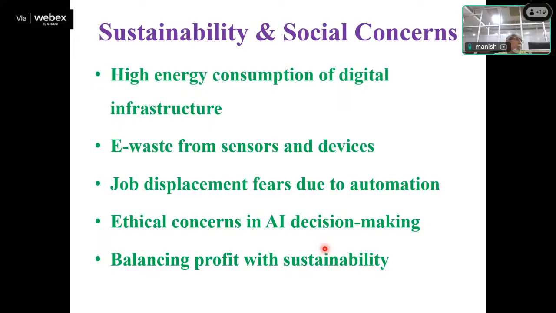More usage of digital technologies will ultimately give rise to more e-waste. So e-waste recycling management means that unless we can make the entire society recyclable, we are not done. So recycling is a major issue.